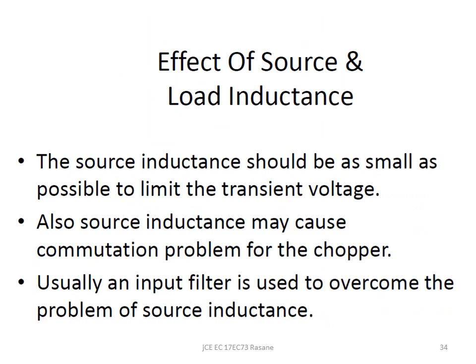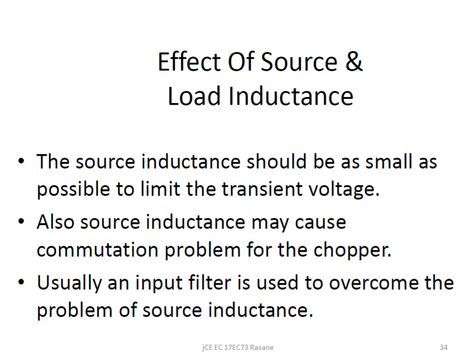Effect of source and load inductance. So these are the four classes of operation we have seen with respect to the quadrantal operation of the chopper. And here we can see how it is possible to control the speed of the motor, decrease the speed of the motor in the clockwise direction, as well as increase and decrease the speed of the motor in the negative direction, that is the reverse anti-clockwise direction.